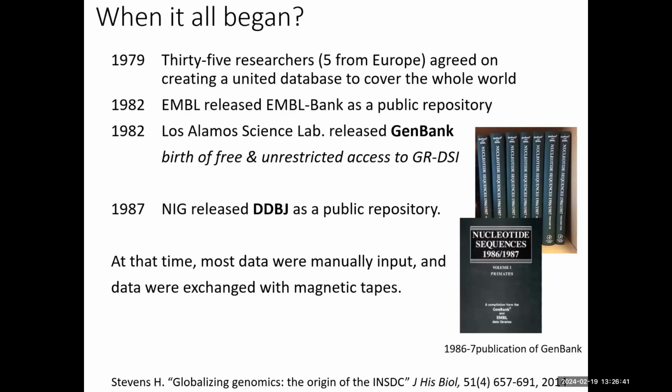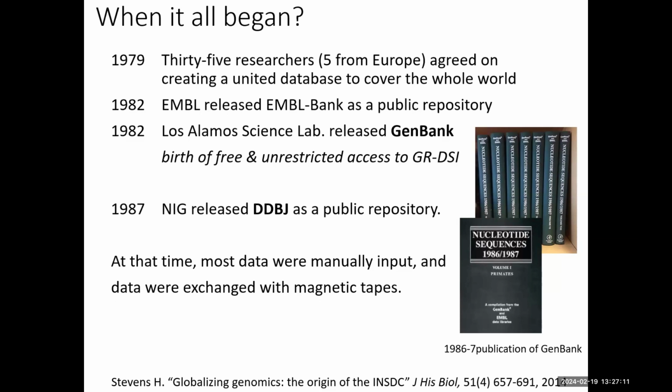And these two databases were made publicly free and without restriction because both databases were run by public money and both databases were needed for all researchers working on sequences. So the very beginning of free and unrestricted access started almost 40 years ago.